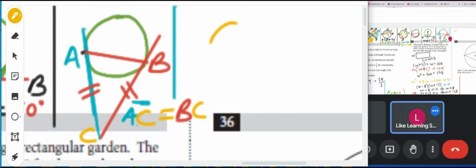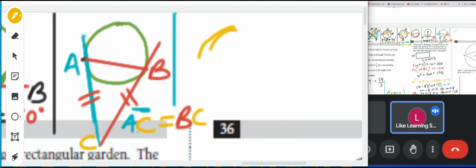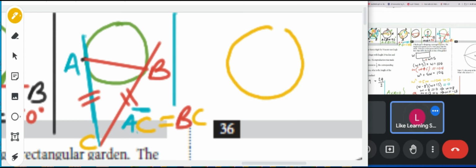Let me make this C yellow. I hope this will help us to cap this whole thing.